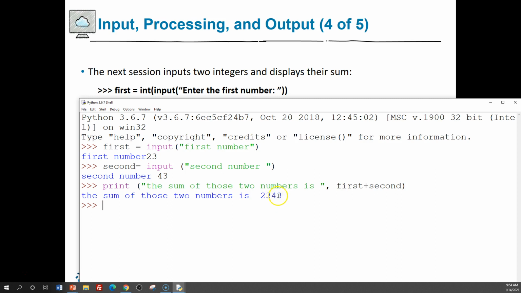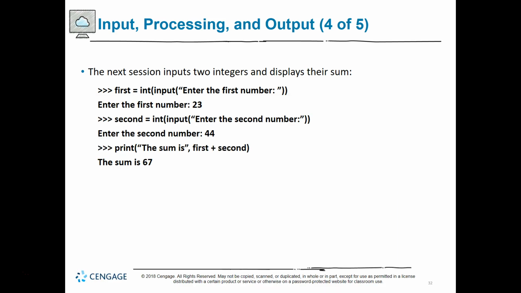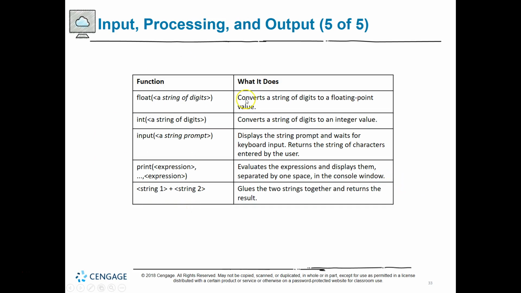It puts 23 plus 43 and concatenates those two together. Well, if I had strings of text, that may be what I wanted, but since I left out that int, or that convert to integer, it did exactly what it thought it should do with those numbers. And as we saw, those weren't then numbers. So we do have to be careful.